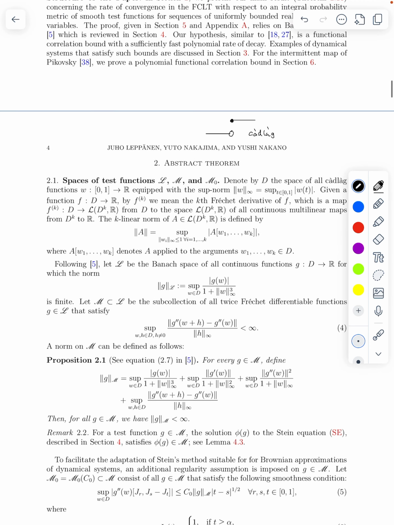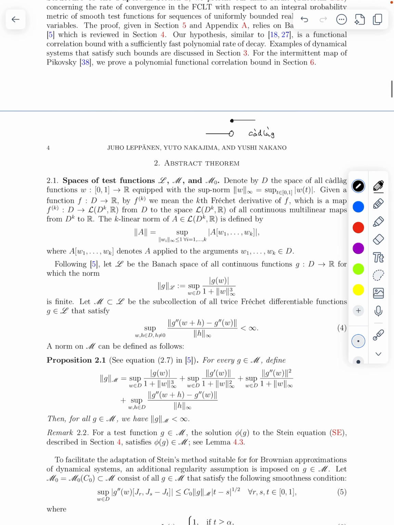Okay, so we're going to start with these functions. So claim: if the supremum over W and H not equal to 0 of f double prime of W plus H minus f double prime of W, divided by the norm of H, is less than infinity, then the supremum over W of, I'm sorry, these should be G's, G of W over 1 plus W cubed is less than infinity.